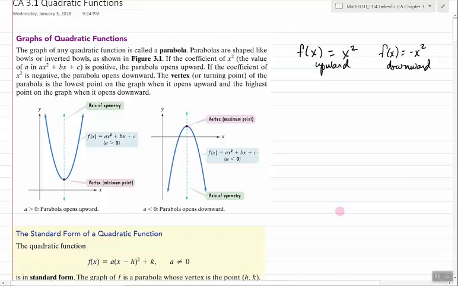There are two forms that a quadratic function can take, and instead of writing f(x), I may write y equals, but that shouldn't really matter to you. Sometimes it is called vertex form. It's also called standard form.